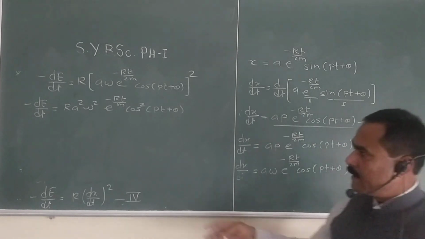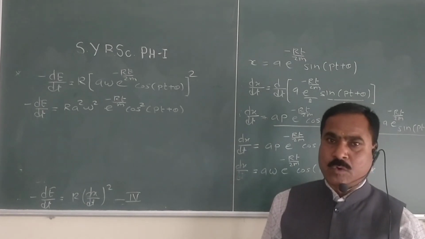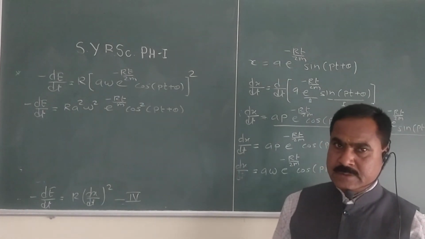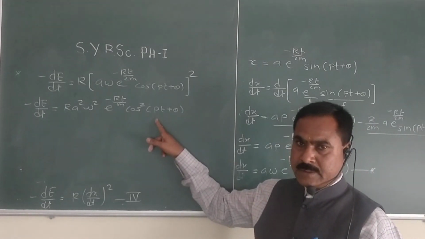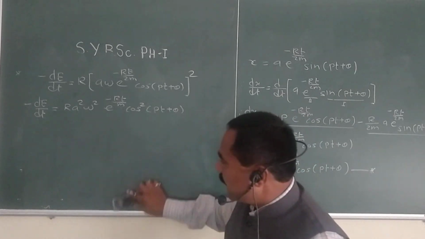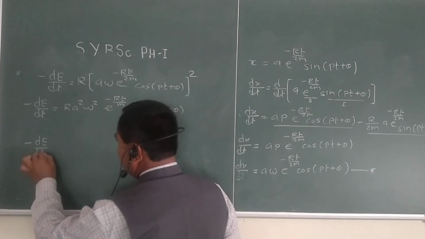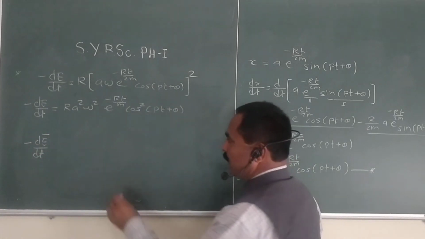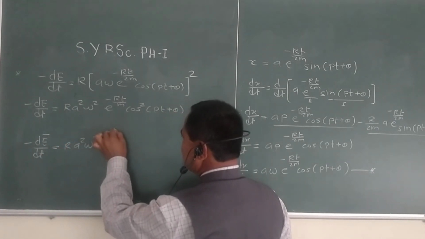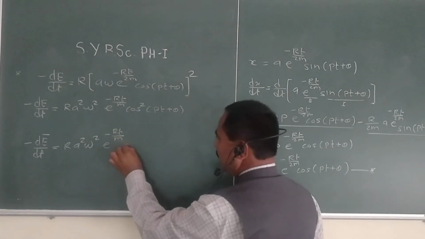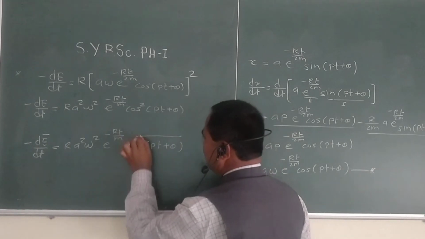Next we calculate the average energy over one period, capital T. That is the rate of change of average energy over period T, and that can be written like this: minus dE by dt average equal to r a square omega square e raised to minus rt upon m, cos square pt plus theta, average value.